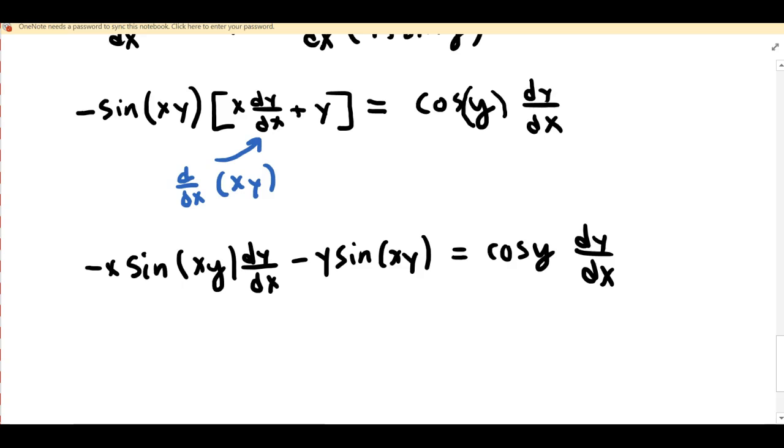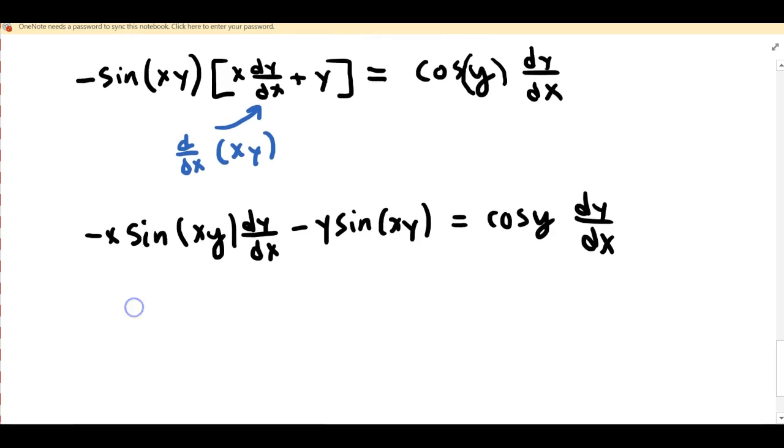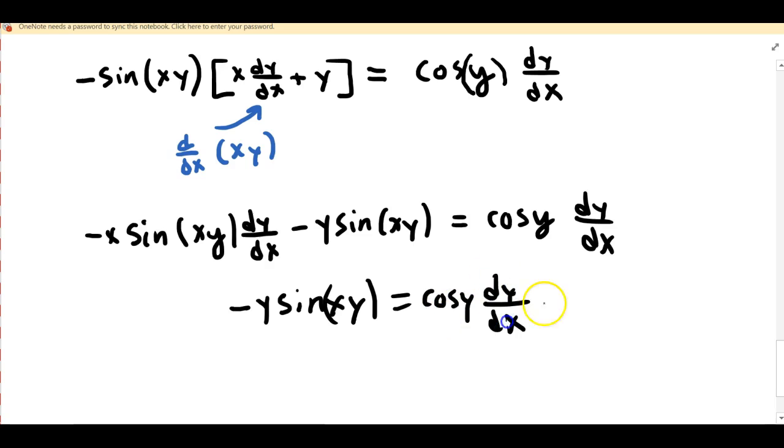Would you bring the x sine(xy) with the cosine y, or did you bring the cosine y over to the other side? Which direction would you move the dy/dx? Left or right? Okay, I heard more rights. It doesn't matter, but yeah. So I get negative y sine(xy) equals cosine y dy/dx plus x sine(xy) dy/dx.